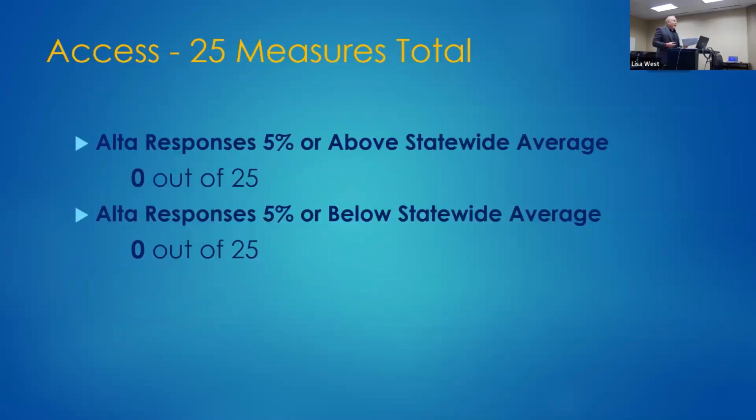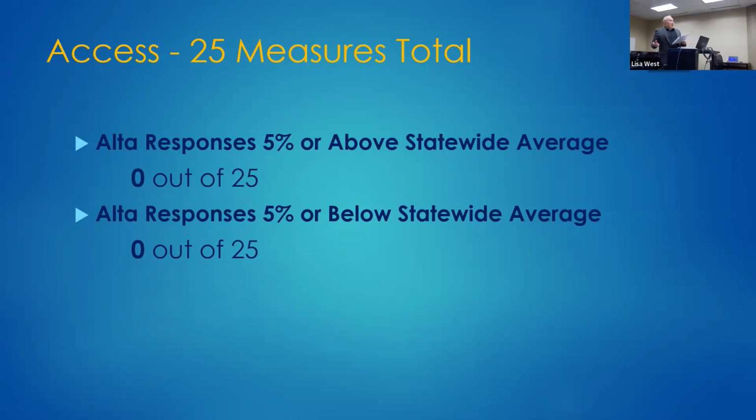So in the category of access, there were 25 measures, 25 potential responses that clients could provide when asked the questions about their community access. And ALTA did not stand out above or below the statewide average in any of those 25 measures.